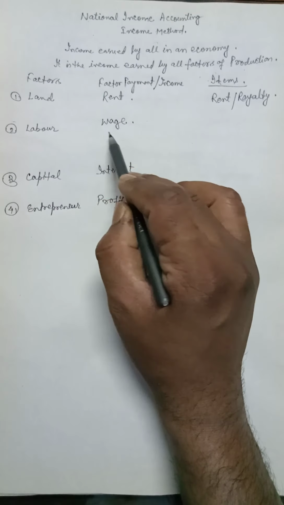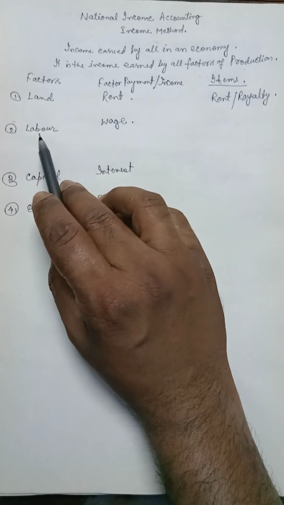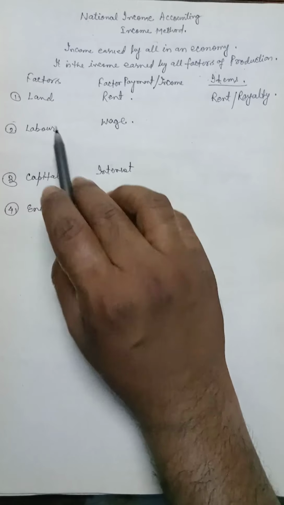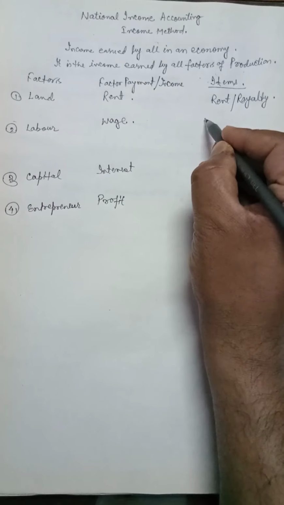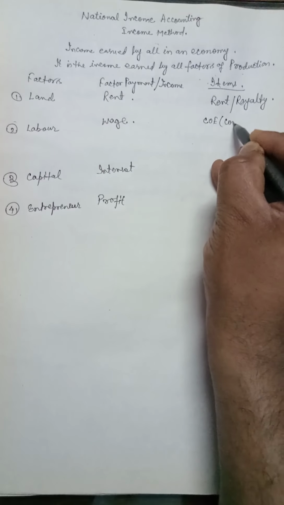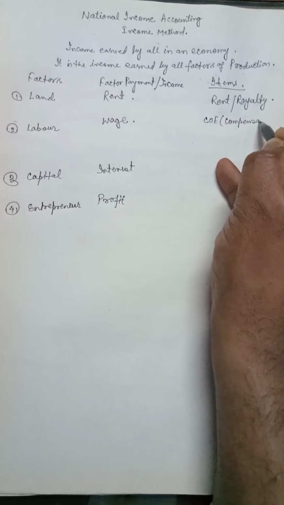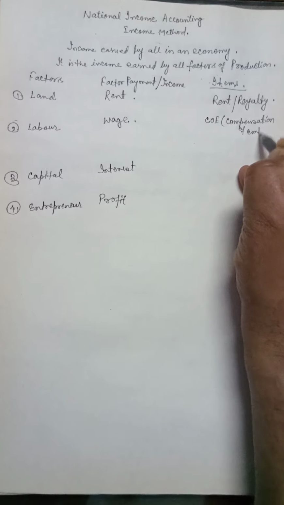The factor payment received by workers for their contribution in production process is called wage, but here we treat it as COE, or compensation of employees.